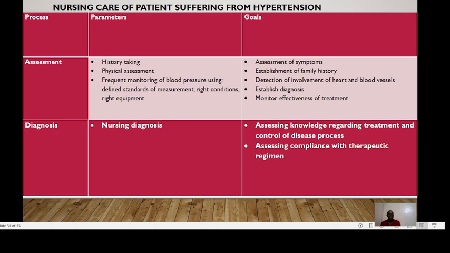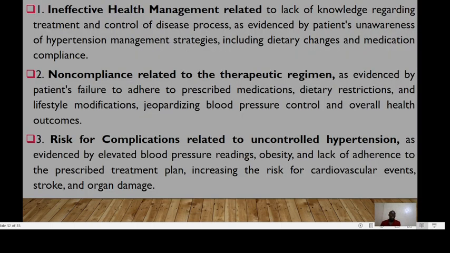Okay, so remember, in managing a patient suffering from hypertension, you're going to take a history, you're going to come up with a nursing diagnosis, and a nursing diagnosis could be like ineffective health management related to lack of knowledge regarding treatment and control of the disease process, as evidenced by patient unwillingness toward the management, unaware of the hospital management strategies, including dietary changes and medication compliance.